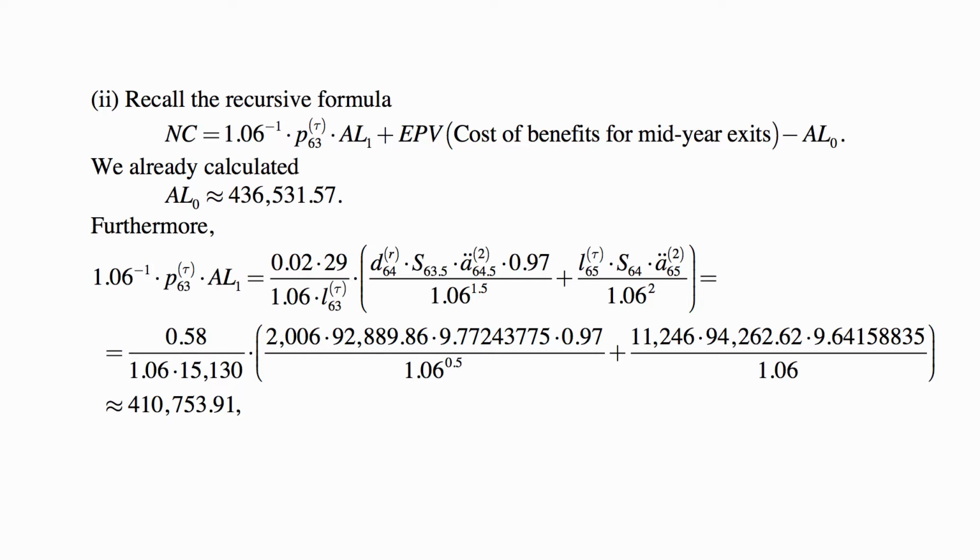So we already calculated the accrued liability, actuarial liability, at time 0 for this year. And then we need to figure out the accrued liability at the end of the year. We basically use the same method of calculation as before, but before we had 0.02 times 28, so that was the common factor, and that was 0.56 that showed up in the formula.